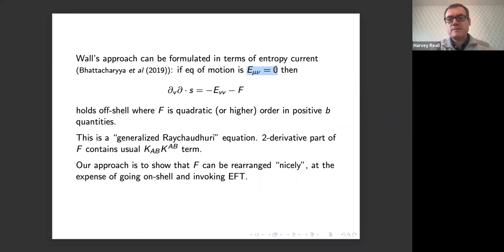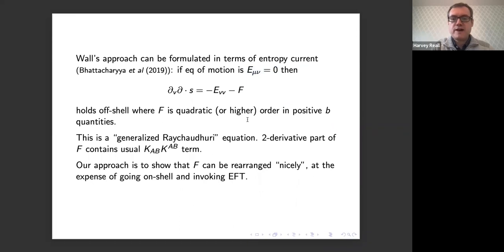So if the equation of motion of some high derivative theory is this, then what this entropy current approach shows is that the time derivative of the divergence of the entropy current is related to the VV component of the equation of motion, plus terms of quadratic or higher order in these positive boost weight quantities.